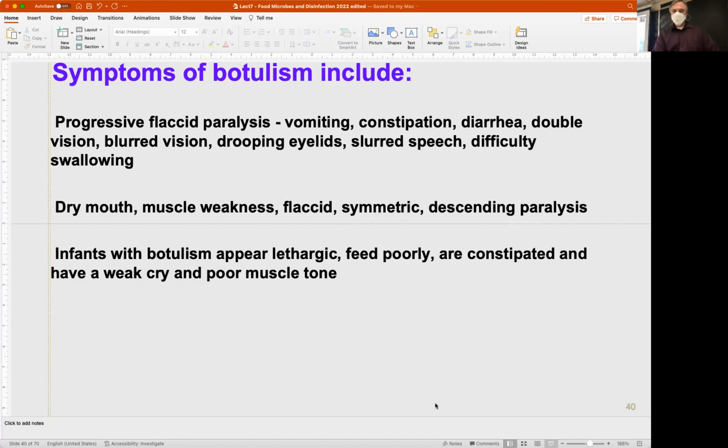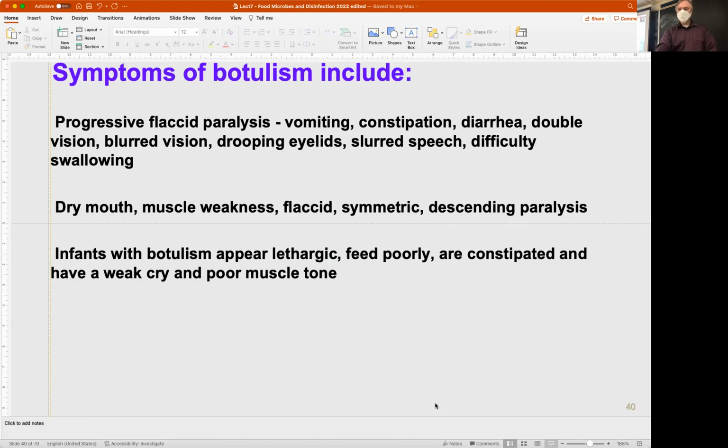What is the name of the organism that causes lockjaw? Is it Clostridium tetani? I'm trying to remember the full name of it.